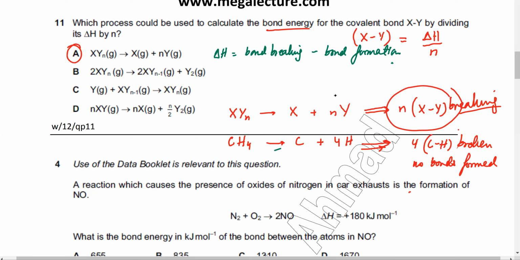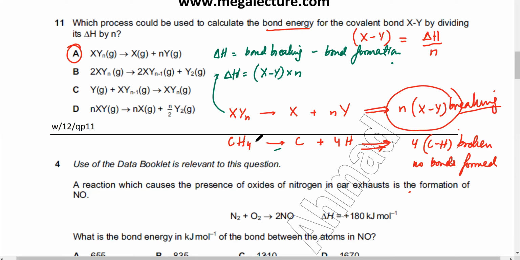So in this particular reaction, I need to break N XY bonds. So it would be the bond energy of XY, multiplied by N times, because I have to break N bonds of XY.